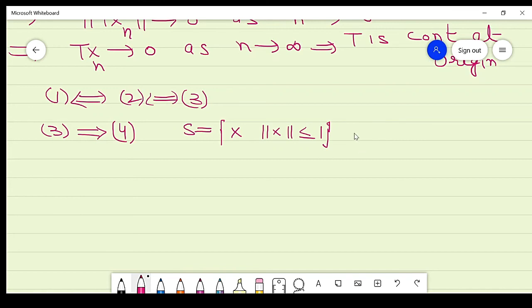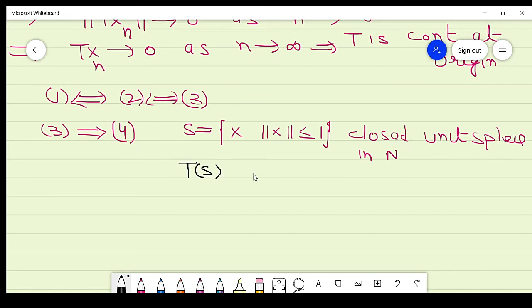This is the closed unit sphere in N, and my purpose is to prove T of S is a bounded set. Clear? So that is the fourth part.